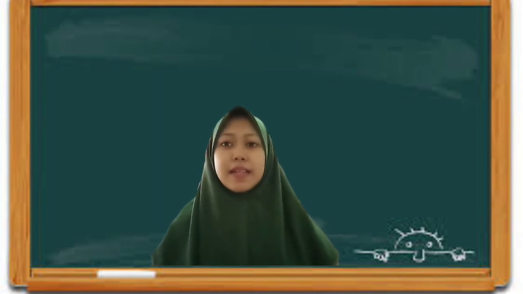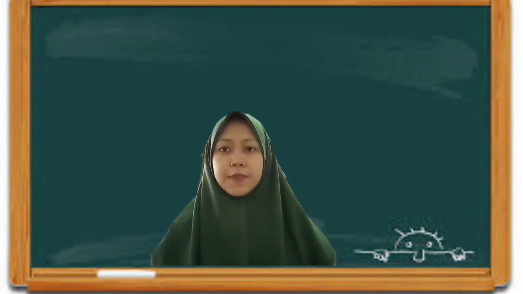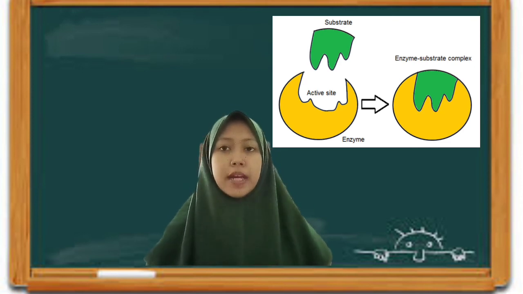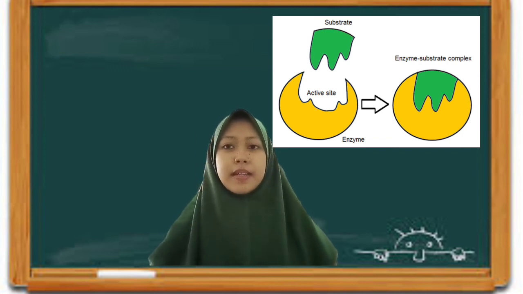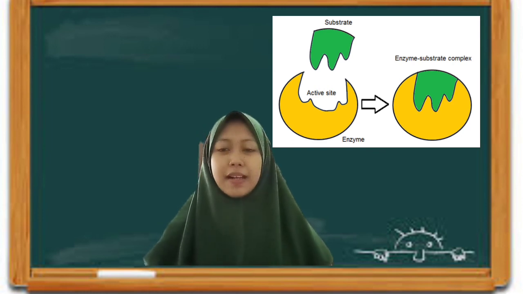Okay, I think it's enough for today, but before we end this meeting, I want to ask some questions. First, from this picture, can you determine if this is the lock and key model or the induced fit model? Yep, that was right. This is the induced fit model.